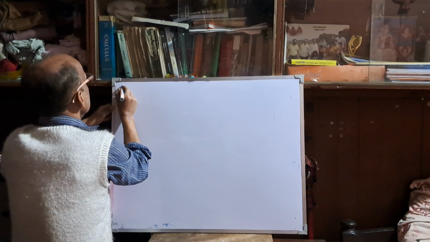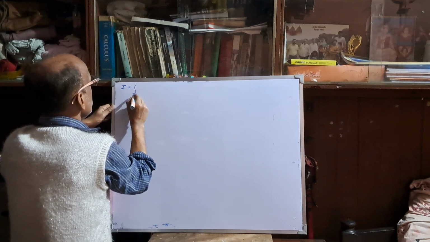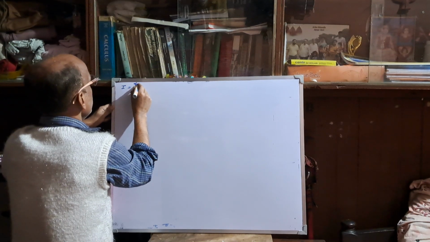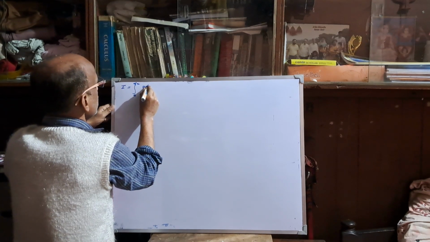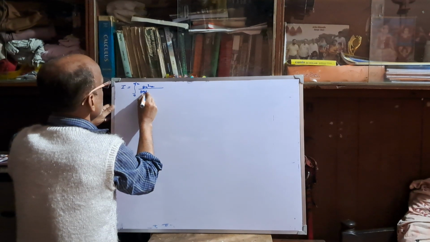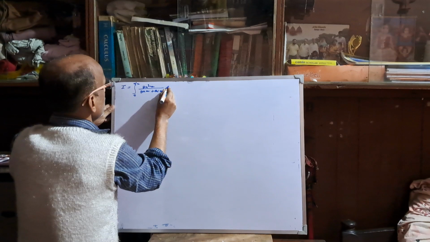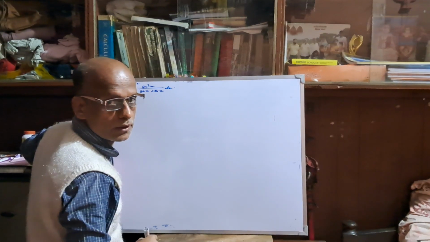Suppose I is equal to the integral from 0 to pi by 2 of sin square x divided by sin x plus cos x, dx. That clear?